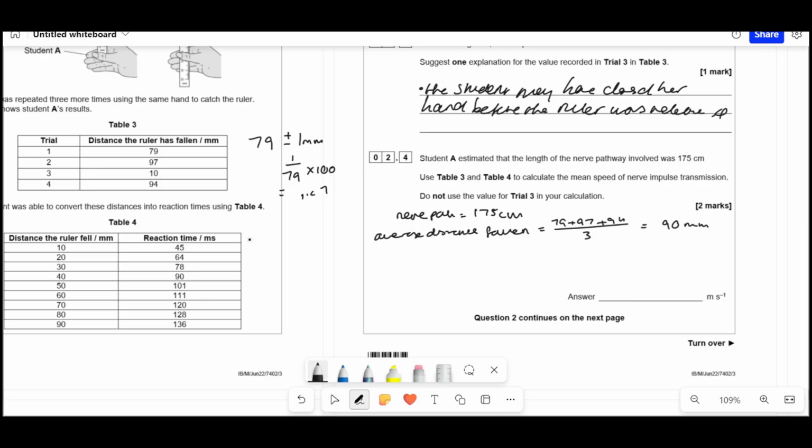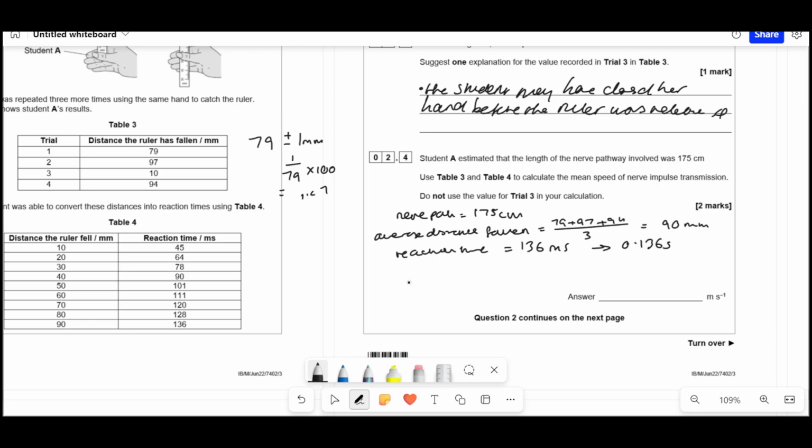We got this 90 millimeters as our distance fallen. So then we look at this table here to find the reaction time. 90 millimeters gives a reaction time of 136 milliseconds, and they want it in meters per second. Converting to seconds, divide by 1,000, so it's 0.136 seconds.